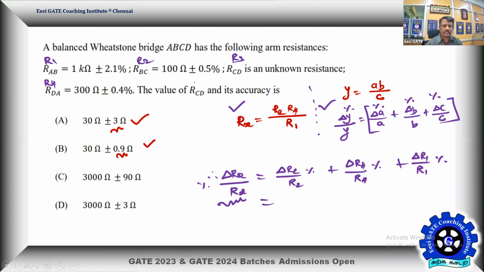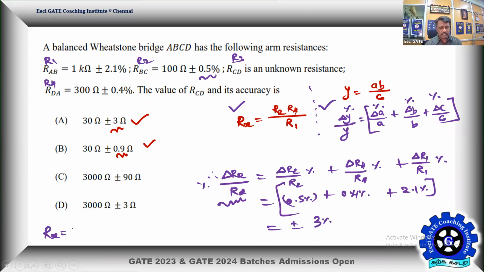R2 has 0.5%, of course plus or minus, R4 has 0.4%, and R1 has 2.1%. You just add them: 2.1, 0.4, and 0.5. So the designer is helping you. The net is plus or minus 3%.